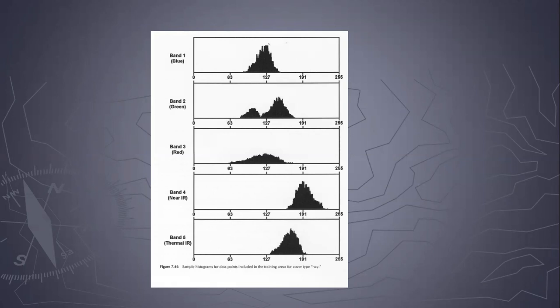Band 1 stands for blue, band 2 is green, band 3 is red, band 4 stands for near infrared, and band 5 is thermal infrared. Thermal infrared is used for estimating land temperature values. I said that supervised classification is just for land use and land cover, but you can use these studies for different purposes, right?